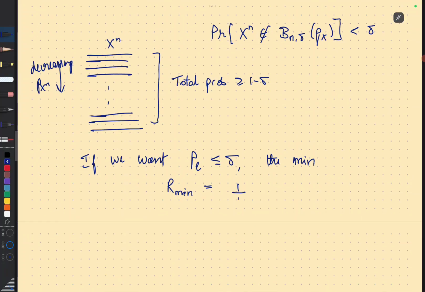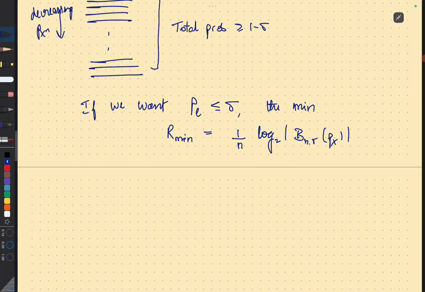So this is 1 over n log cardinality of B_n^delta of P_X. So if we are able to get a lower bound on the cardinality of B_n^delta, then we also have a lower bound on the minimum possible rate required for a certain target probability of error.